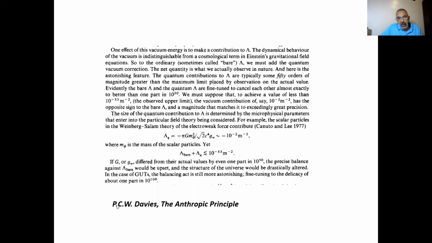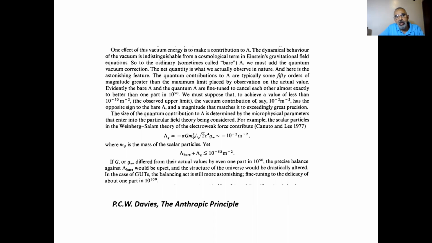So here is, again, something from Paul Davies, a very, very well-known astrophysicist, from an article of his called The Anthropic Principle. Again, I just want us to get a visual feel so that it's not all hand-waving. And so he says that one effect of the vacuum energy, which has to be there according to quantum field theory, is to contribute to lambda.